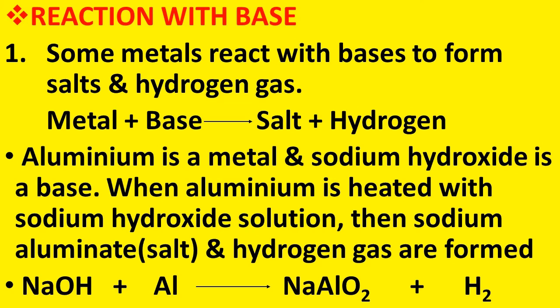NaAlO2. And H2 represents hydrogen gas. So this is the chemical equation representing the reaction of aluminium with sodium hydroxide. Here you can see that aluminium formed its respective salt, that is sodium aluminate, and hydrogen gas is released.